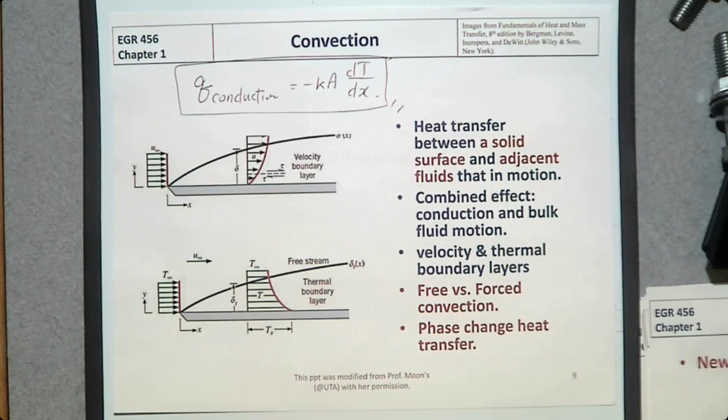When the fluids are in motion, the amount of heat transfer due to the mass transfer of the fluid is greater than the pure heat transfer from one molecule of the fluid to the adjacent molecules. So we don't use the conduction equation anymore, and we use the convection equation, which will be shown in the next slide.